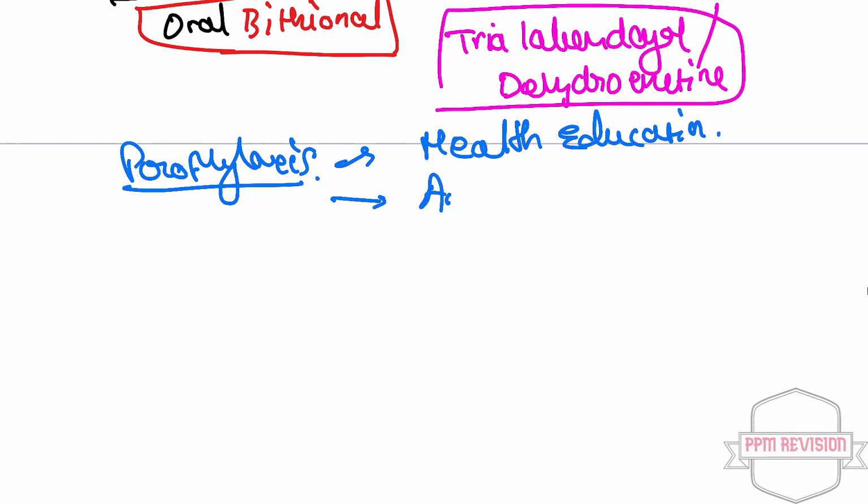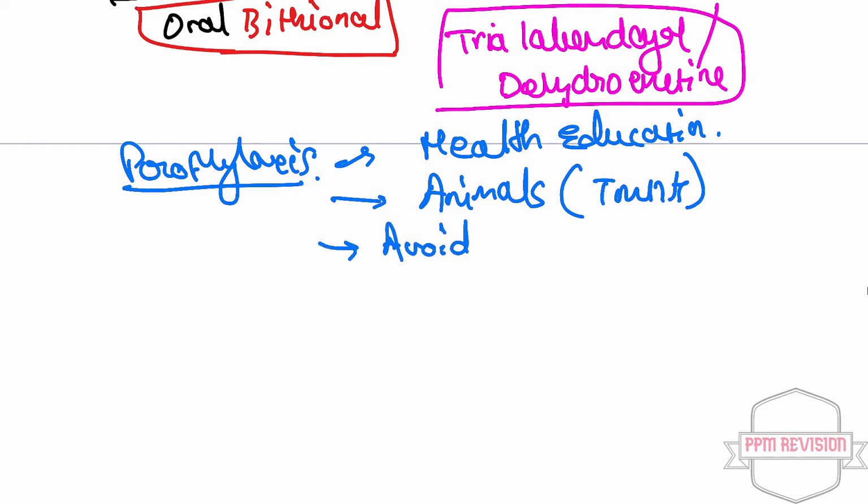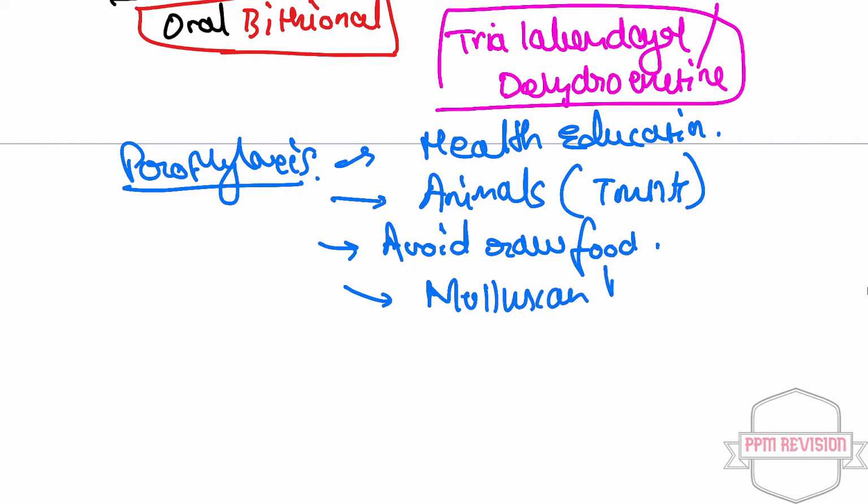Then the animals, the vectors, need to be treated so that there's no spread, and avoid eating raw food because it can be a source, as well as destruction of the molluscan host. These need to be followed.